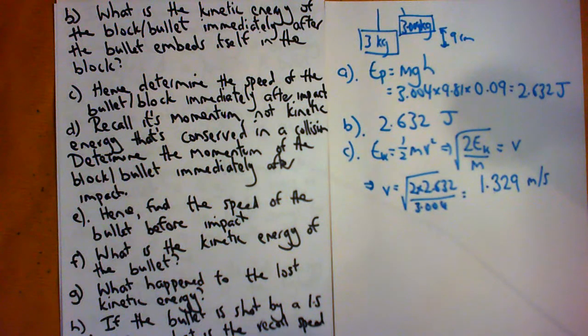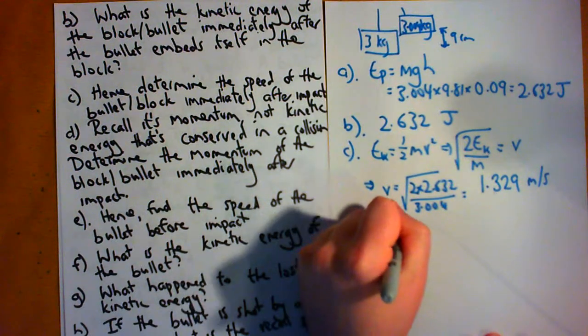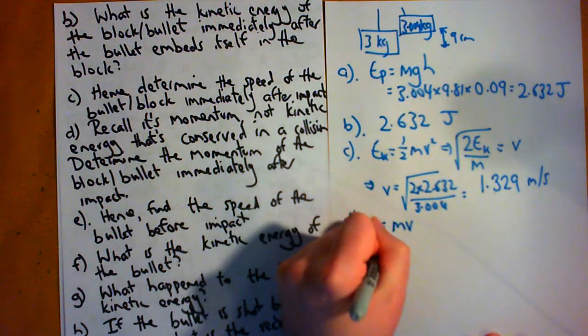Okay, so part D, recall it's momentum, not kinetic energy, that's conserved in a collision. Determine the momentum of the bullet block combination immediately after impact. So for part D, we need to use the momentum formula, which is m times v.